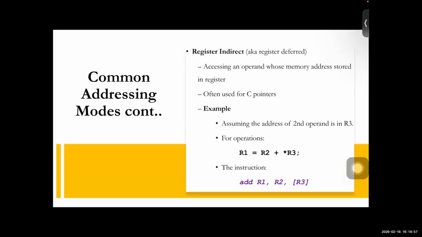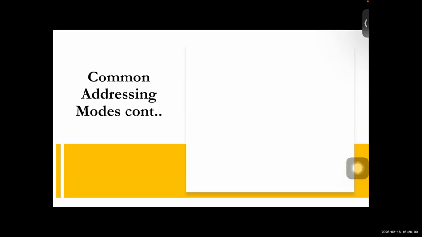Yeah, good. Thank you. Let's go to the next addressing mode, that is displacement. This displacement addressing mode is the offset, as we call it. Accessing an operand whose address is computed based on a base address and an offset is what we call displacement.